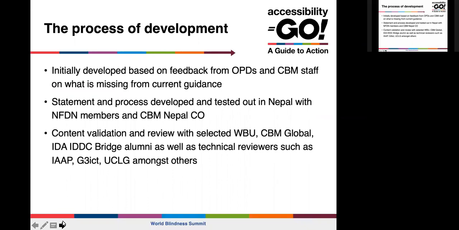And then from that, we had an initial outline, and we then worked very closely with the World Blind Union, with CBM Global colleagues, but also we had the Bridge alumni, and the Bridge CRPD SDGs initiative is a great capacity building initiative that the international disability movement really leads with all its members.